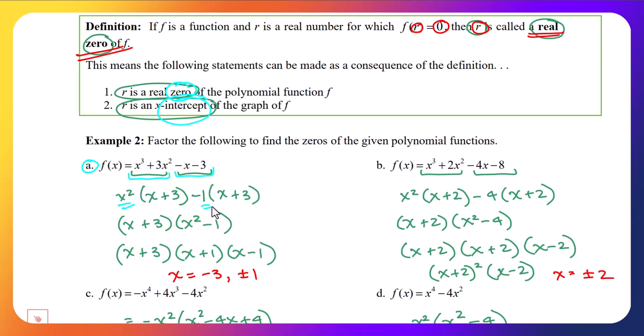I like the 1 because the next step, we have a common factor of x plus 3. We take that common factor out, and we have left the x squared and the -1. Factor the difference of squares, and we get x plus 1, x minus 1. Set each of these equal to 0, and we get these 3 zeros: -3, 1, and -1.